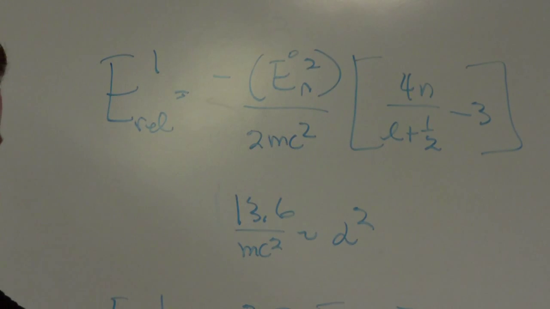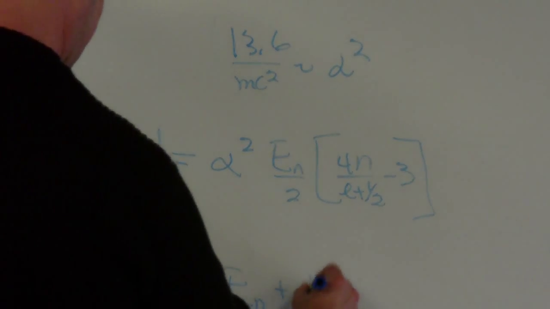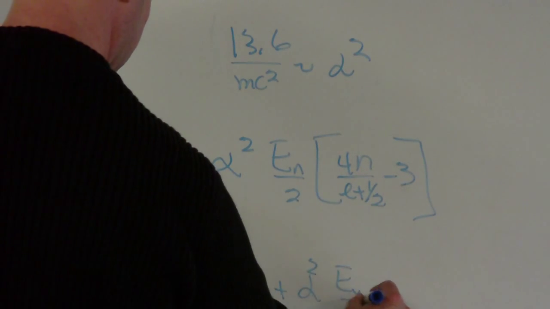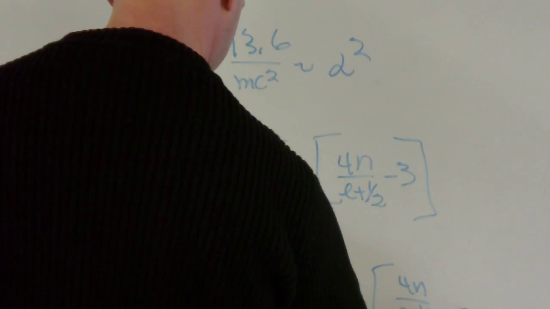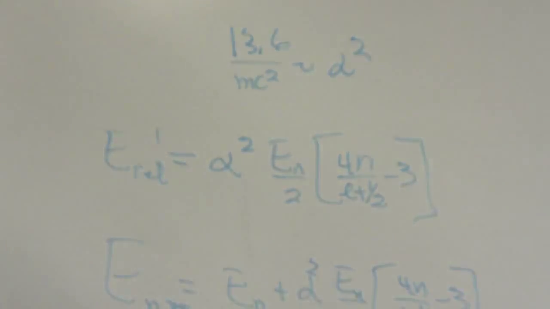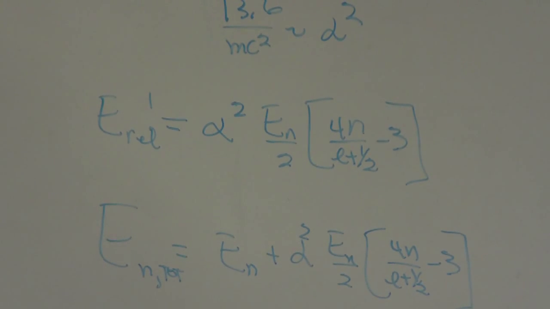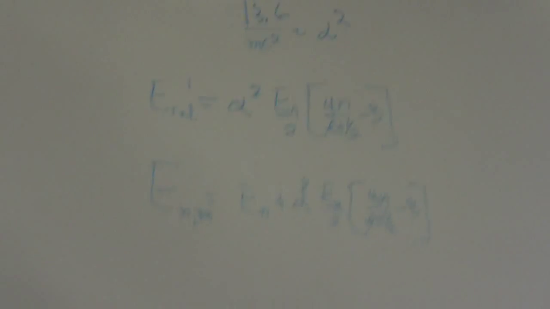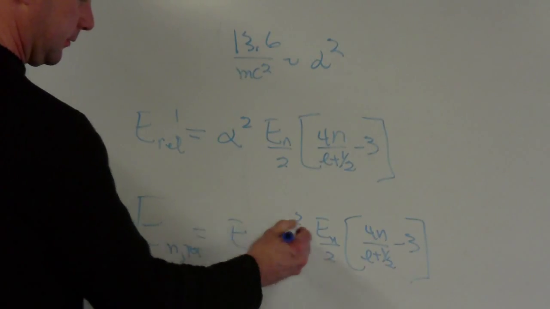So far, En total equals En plus alpha squared En over 2 times 4n over L plus a half minus 3. Should that have been minus 13.6? Alpha squared is not negative, so it's got to be positive, so it's got to be minus 13.6. Yes, that should be minus right there.